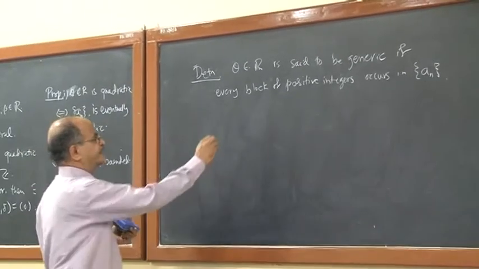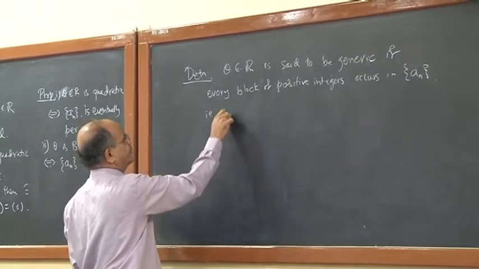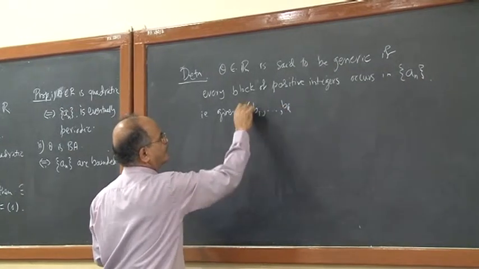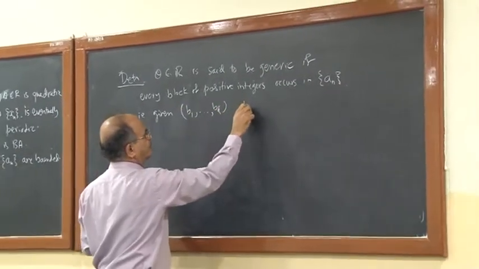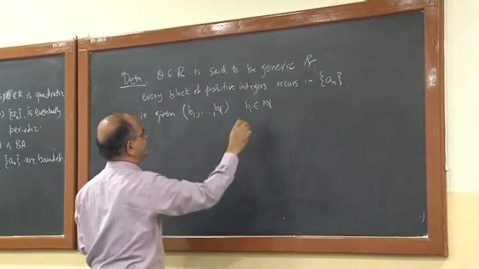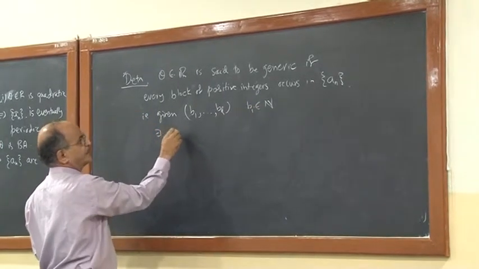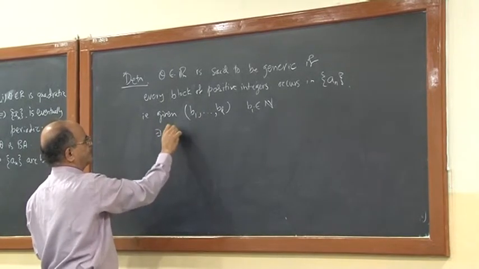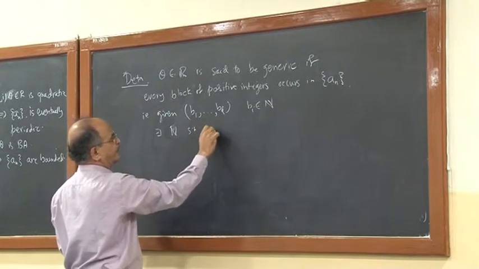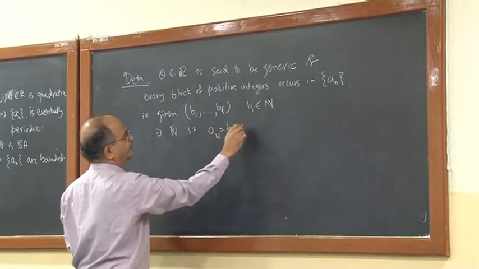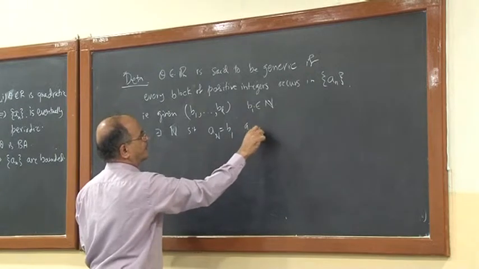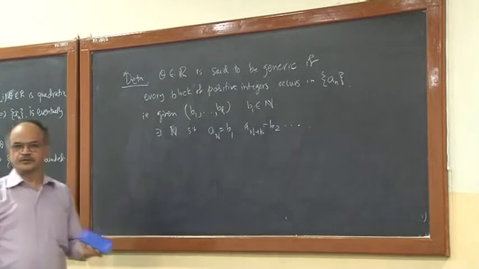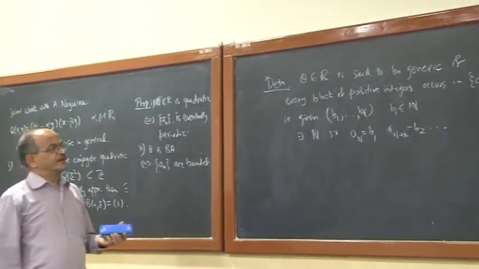What does it mean? It means that given b1, b2, ..., bL for whatever L, bi positive integers, there exists N such that aN equals b1, aN+1 equals b2, etc., to cover all of them.